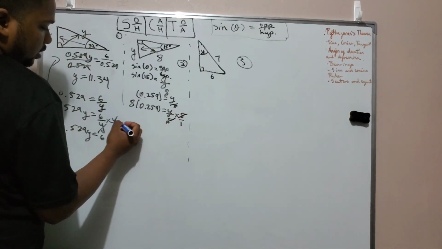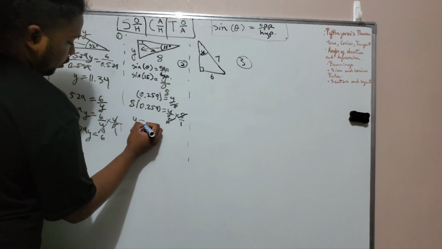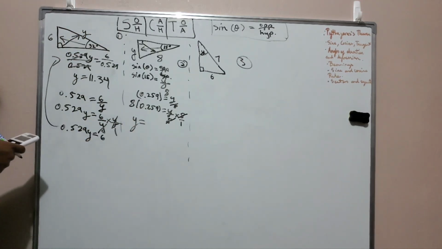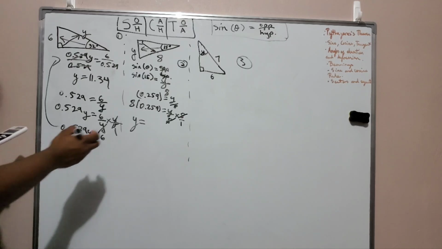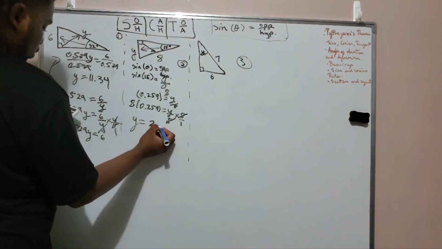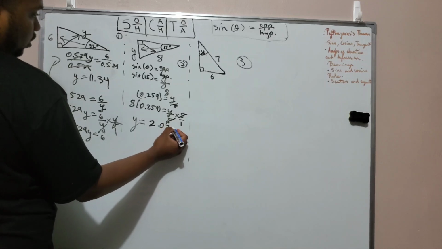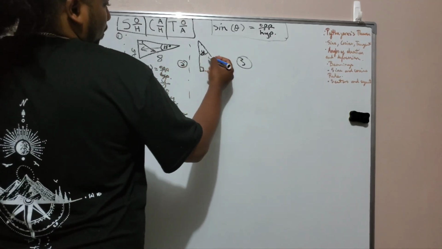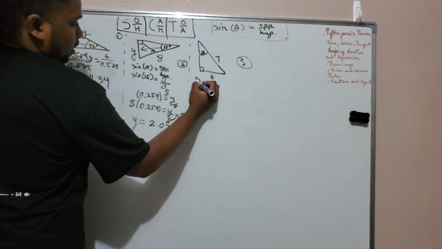This 8 and this 8 cancel, so we're just left with y is equal to 8 multiplied by 0.259. So we get y is equal to 2.072.